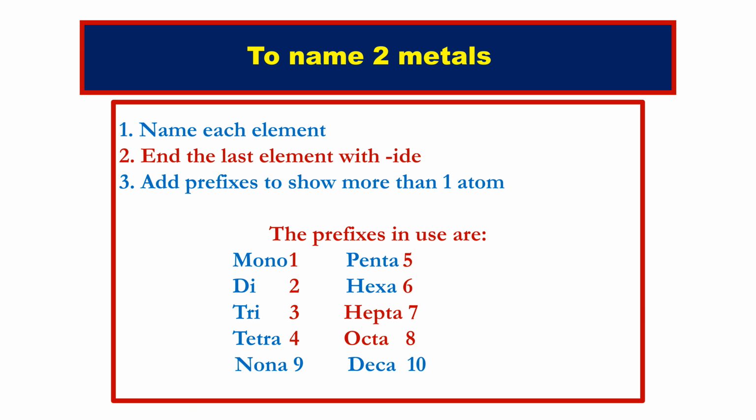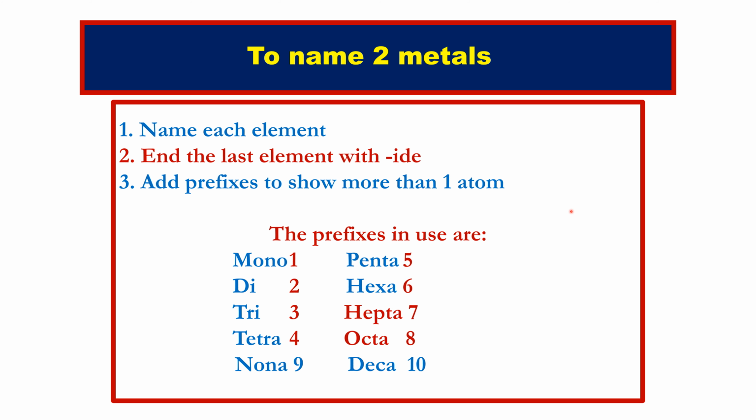Right, so if you are asked to name 2 nonmetals, the first thing you do is to name each element. The second thing you do is to end the last name with IDE. The last thing you do then is to add prefixes to show more than one atom.